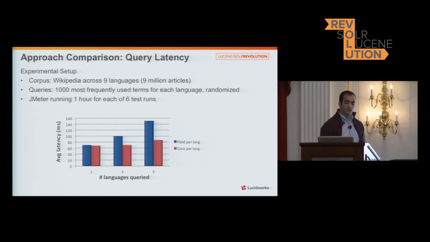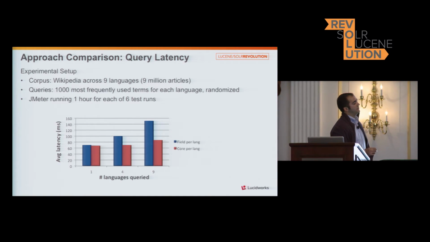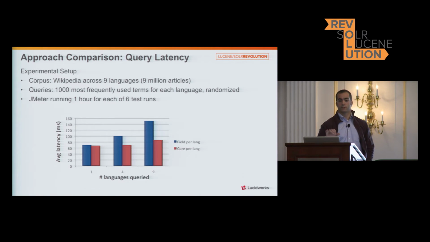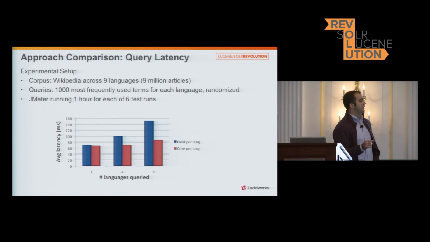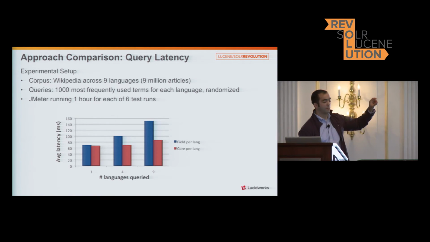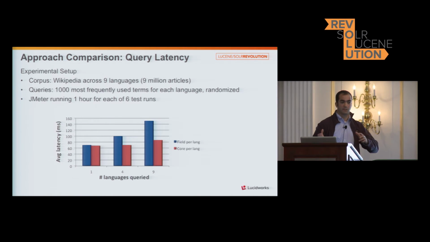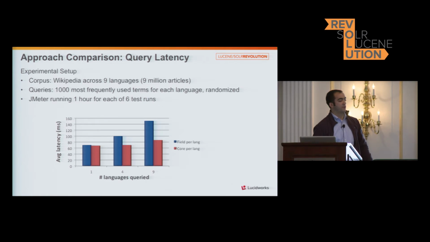One that I'll mention is that we've played around with different approaches of doing this, and field collapsing or results grouping can tend to not make core per language as big of a win for whatever reason. I guess field collapsing or results grouping in a distributed setting is a hard problem. So maybe that's why. I didn't really dig any deeper into that, but the point is to experiment on your own with this if you really want to see what the difference is for your case.